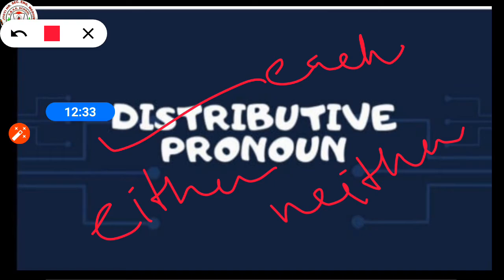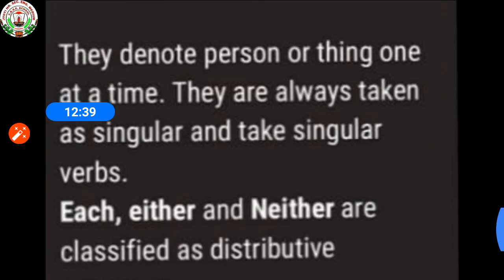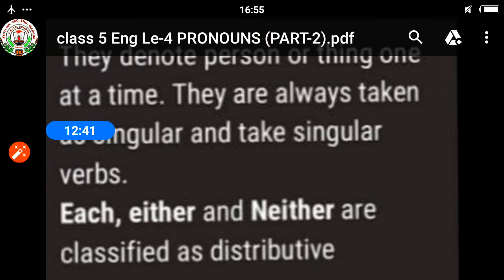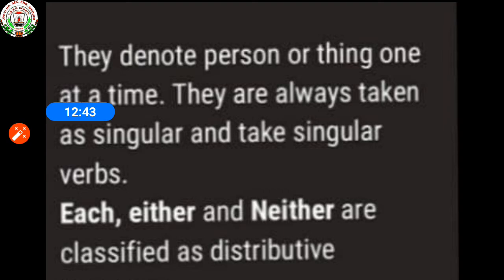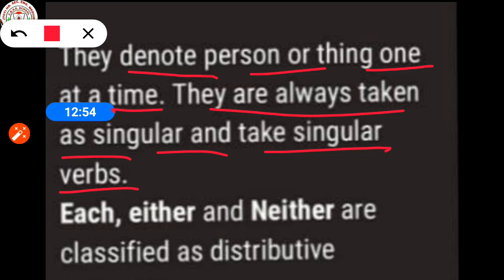They are called distributive pronouns. So distributive pronouns denote a person or thing one at a time. They are always taken as singular and take singular verbs. Each, either and neither are classified as distributive.